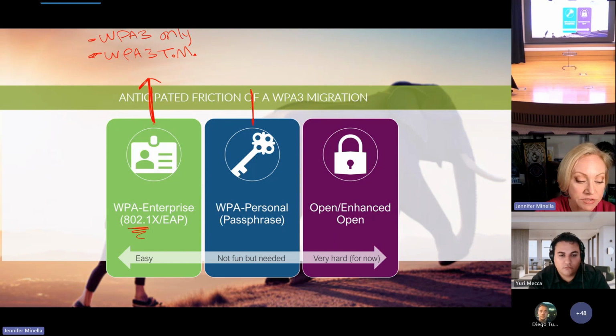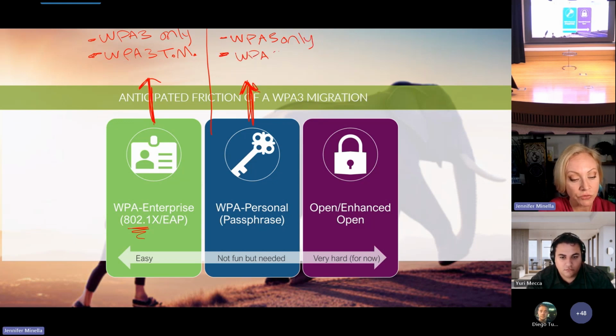On these networks, for passphrase, in 80 or 90% of the time, maybe not 100, there are always exceptions, right? Always the asterisk, it depends. On a passphrase network, I recommend WPA3 only and WPA2 only, and as many of those as you need.